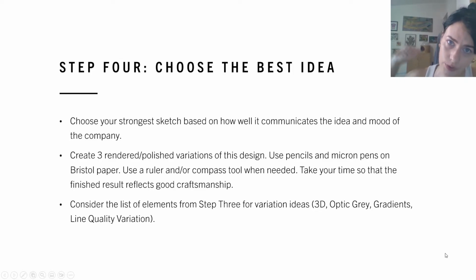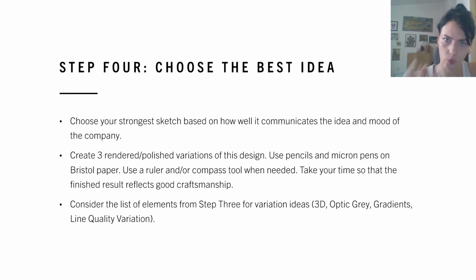So we are on to step 4, choose the best idea. From your sketches, you're going to choose not only your favorite, but the one that you feel communicates best the idea and feeling of the company that you chose. And then we're going to create 3 more rendered, polished drawings.